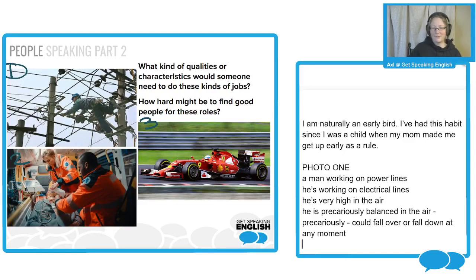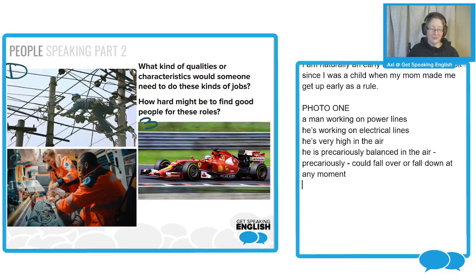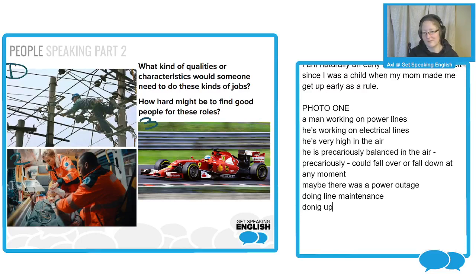Maybe there was some sort of power outage, or maybe he's just doing some maintenance, some upgrades, or maybe fixing the lines.